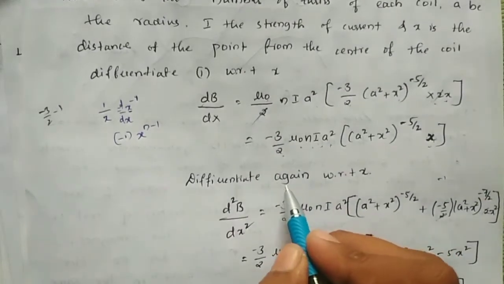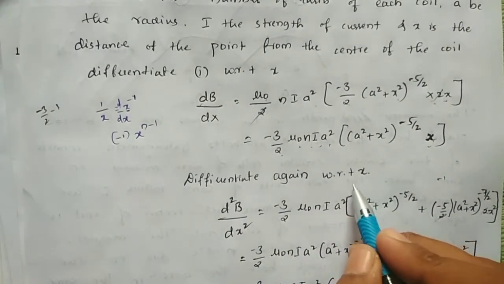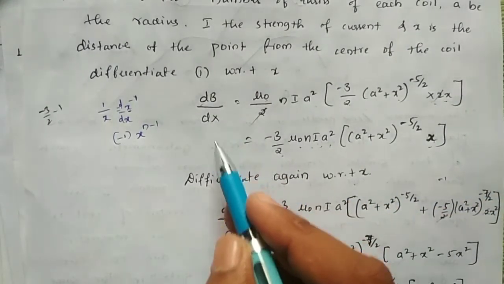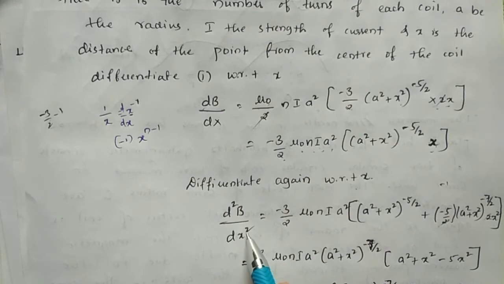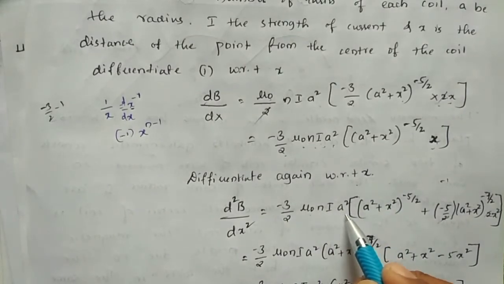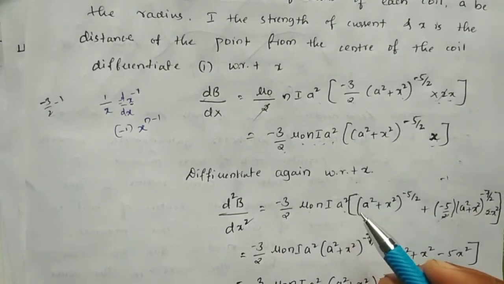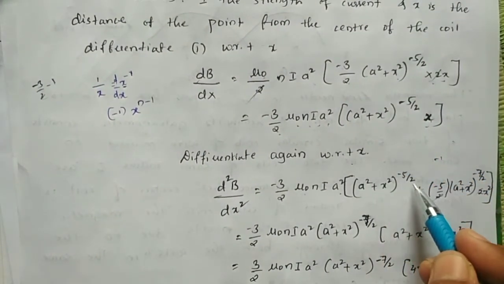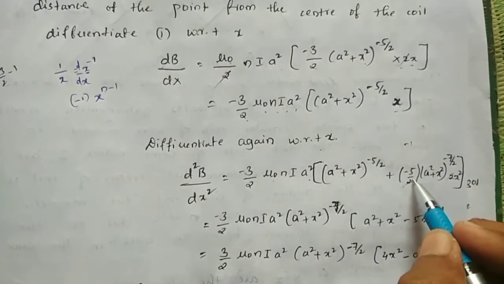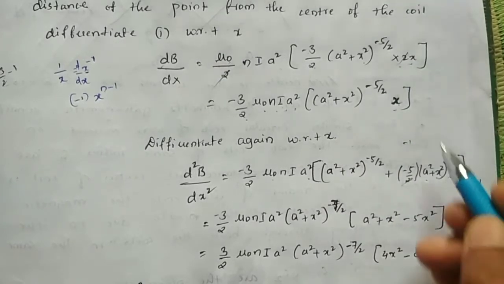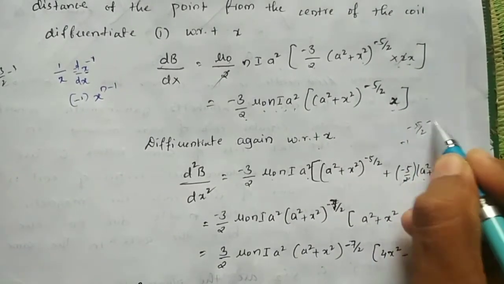Next, again you have to differentiate the above equation with respect to x. So dB divided by dx, the differentiation d square B divided by dx square equals minus 3 by 2 mu naught n I a square, a constant term, to take as it is, and the differentiation of this term. So (a square plus x square) raised to minus 5 by 2 plus, so minus 5 by 2 (a square plus x square), and minus 5 by 2 minus 1.